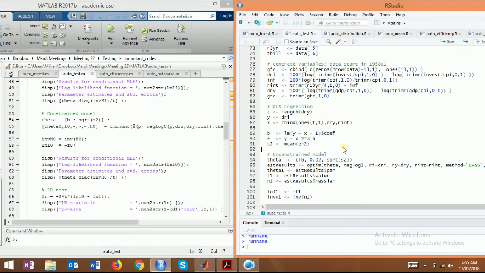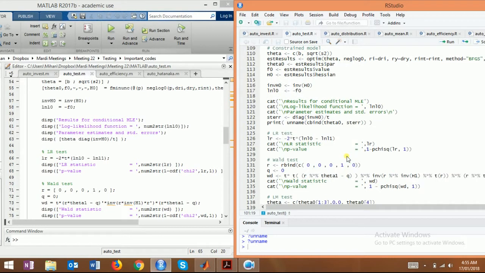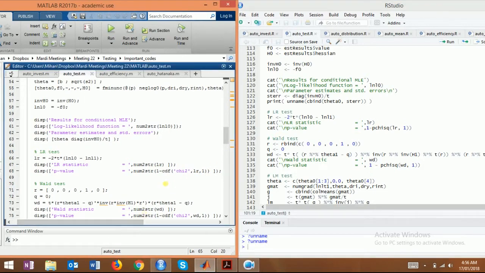And so the LR test, which is constraint minus unconstrained, log L naught minus log L1. LR test, well, concatenate and display LR, and the second one is p values. 1 minus CDF, cumulative distribution function, that we use chi-square on LR.